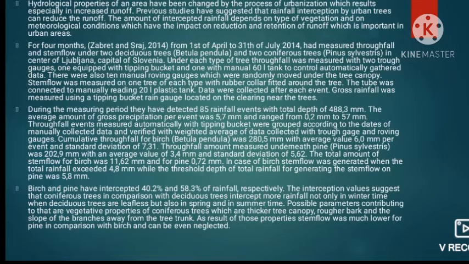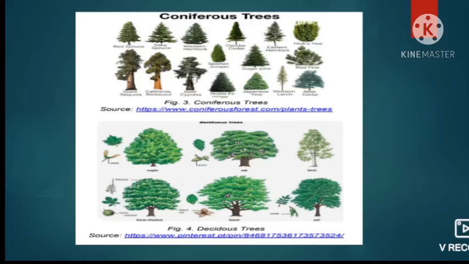As a result of those properties, stemflow was much lower for pine in comparison with birch and can even be neglected. This figure represents the different types of coniferous trees and deciduous trees.